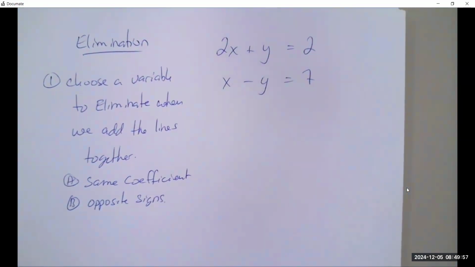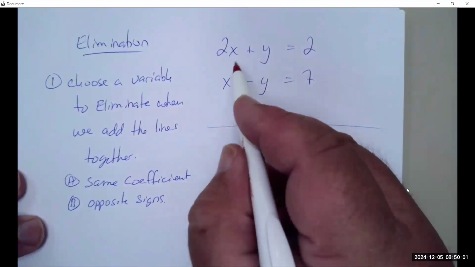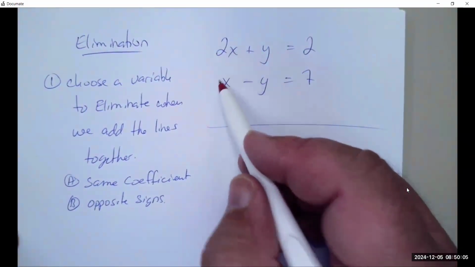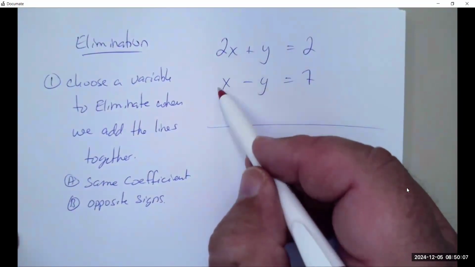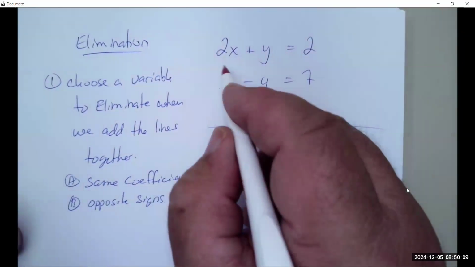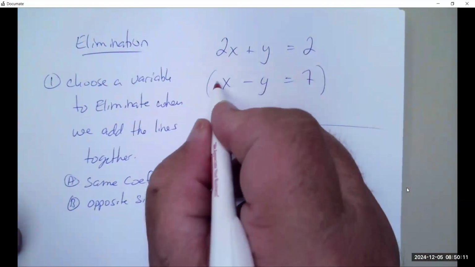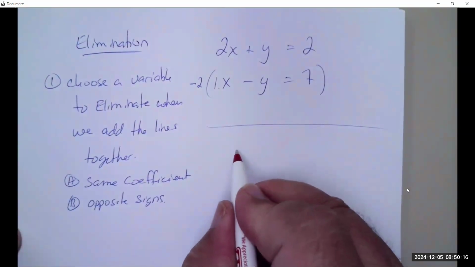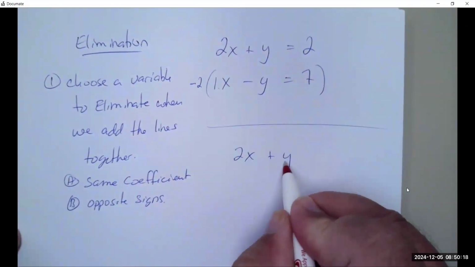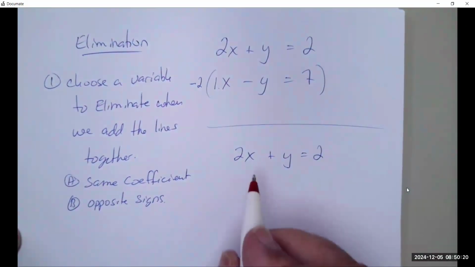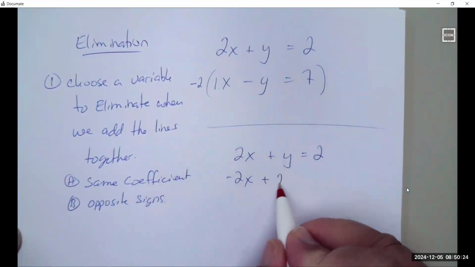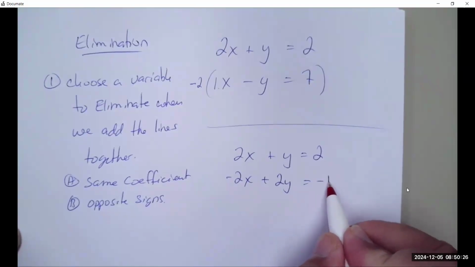So in this case, let's do x because y is going to be too easy. If I'm going to get rid of x, they have to have what number in front? They both have to have a 2, and one of them has to be negative. So I take this second line, since it's a 1, I multiply it by -2. So I get -2x plus 2y equals -14.